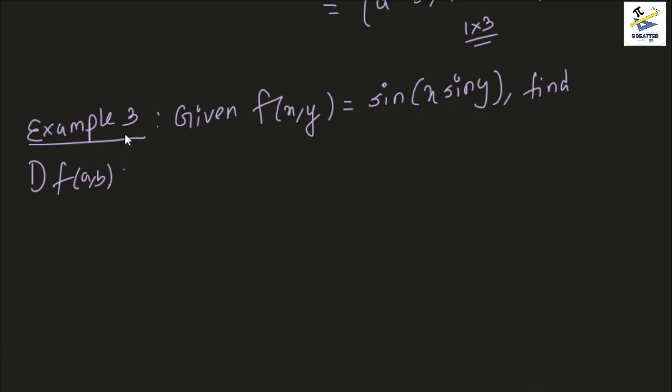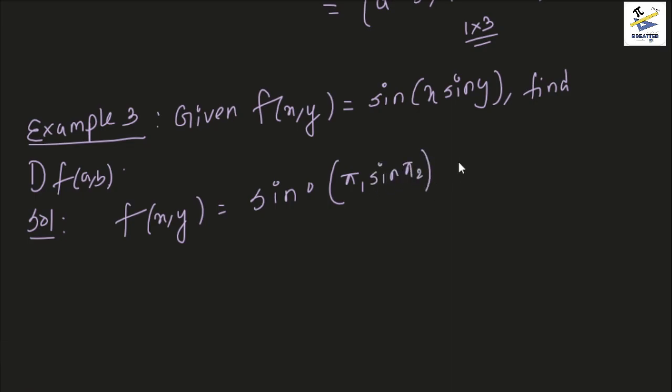Well, it again is a two-dimensional function, and let us begin. We can see that f of (x, y) can be written as a composition of sine multiplied by, now this is something which cannot be written directly, but well, it can be written as pi 1 into sine of pi 2 at the point (x, y) for now.